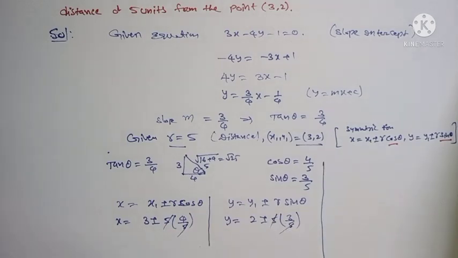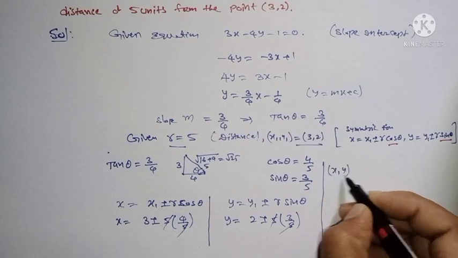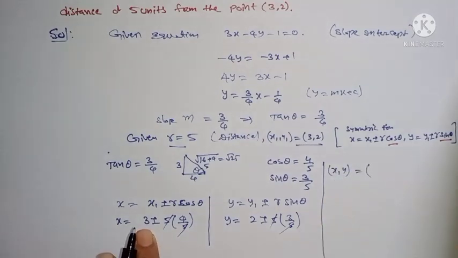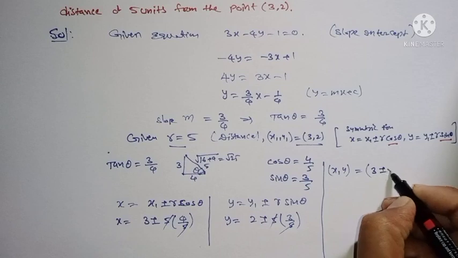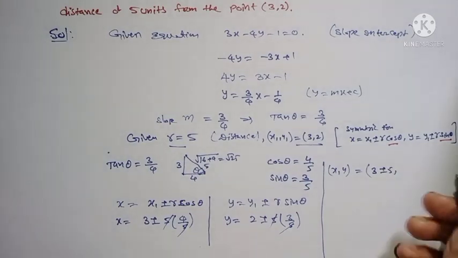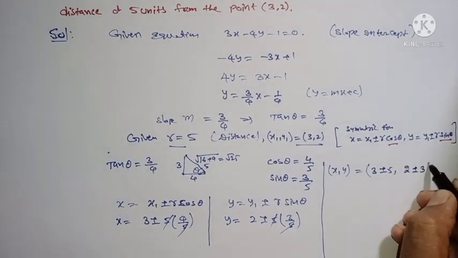You got here x comma y. I can write here, what are the x values? 3 plus or minus 4. And what about y? 2 plus or minus 3.